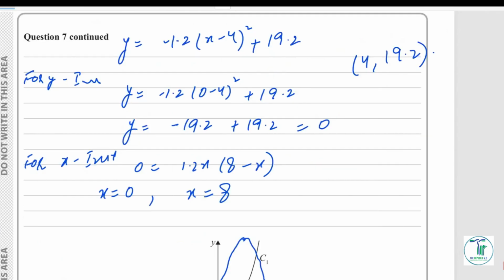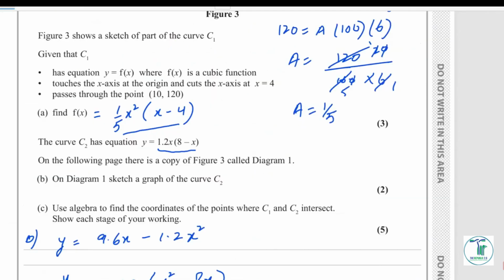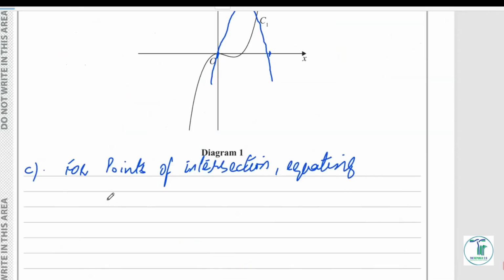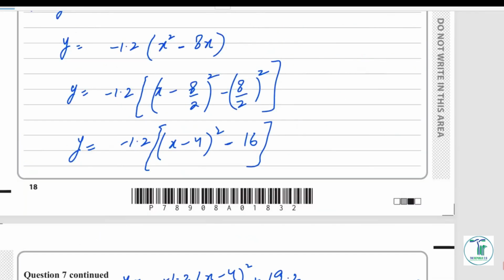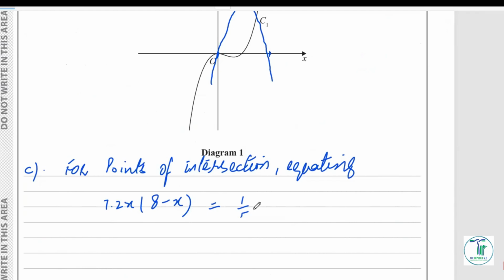The other equation that we had was 1.2x times (8 minus x), and we should keep it equal to 1 by 5 x squared times (x minus 4).